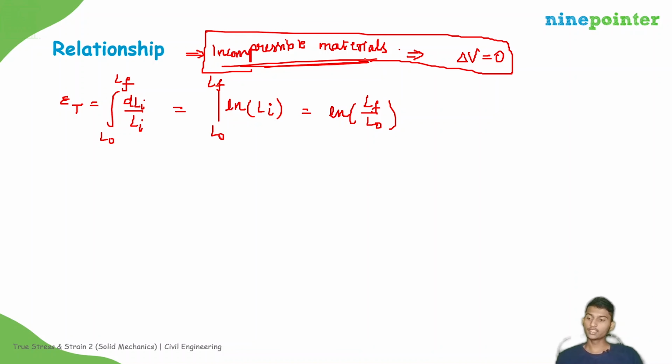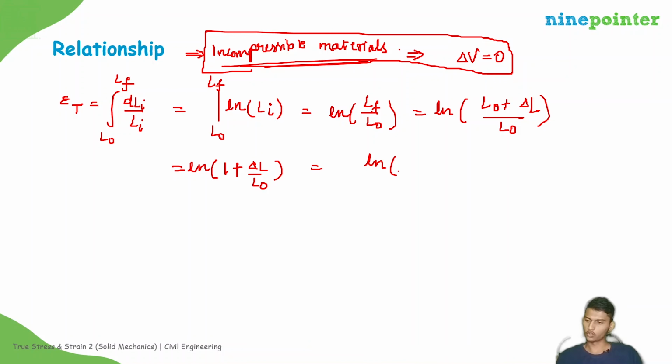For deriving the relationship between true stress and engineering stress, we used the assumption that the material is incompressible. But in this case, ln Lf by L0 will be equal to L0 plus delta L divided by L0, so this will be 1 plus delta L by L0. This is change in length by original length, that is engineering strain, right?